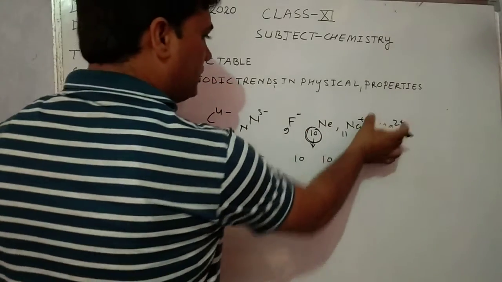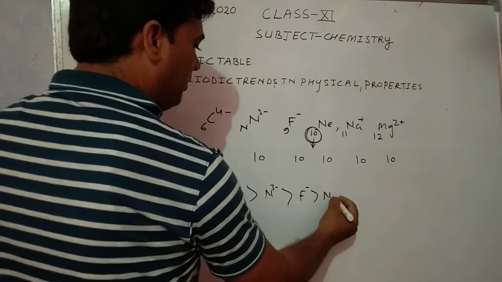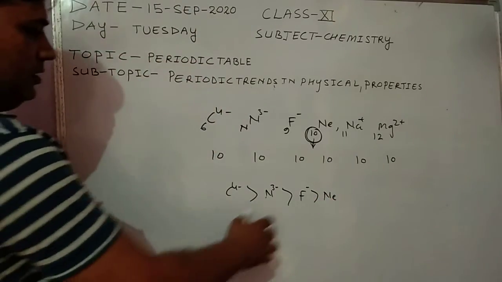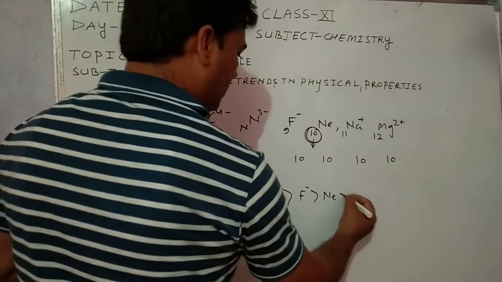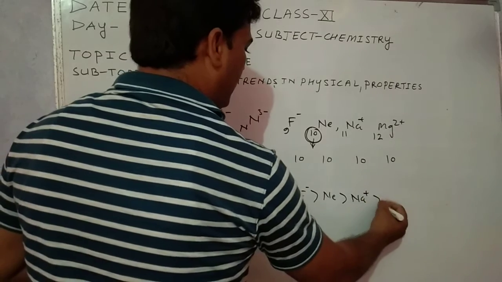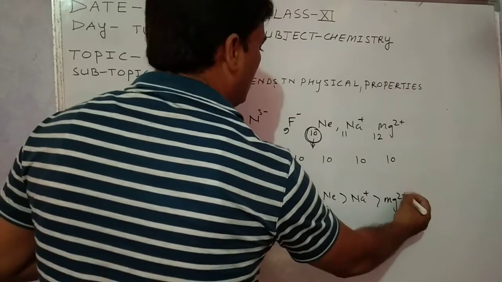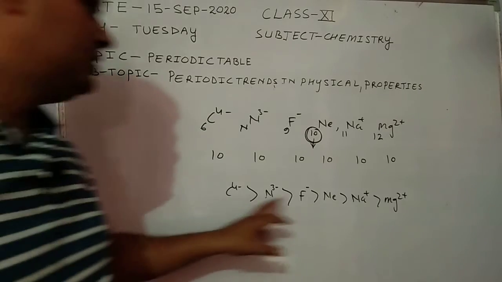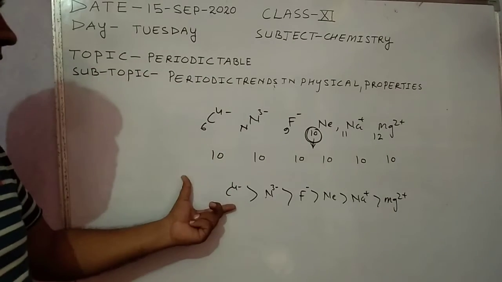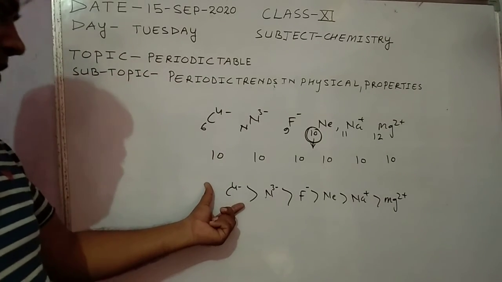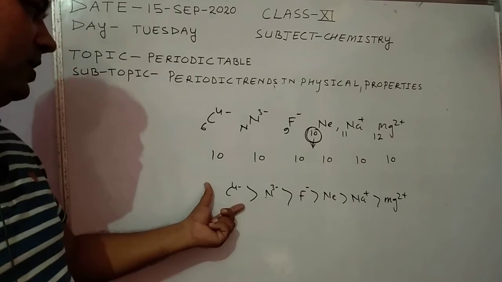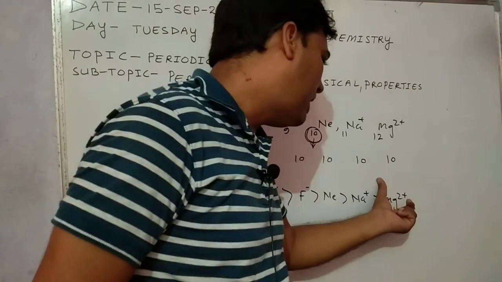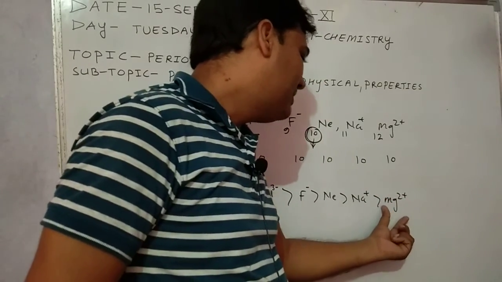Then Na plus and Mg2 plus contain positive charge. So the size decreases from neon, then Na plus, then Mg2 plus. So this is the decreasing order of ionic size, that is ionic radius, because the species containing more negative charge has greater size, and the species containing more positive charge has lesser size.